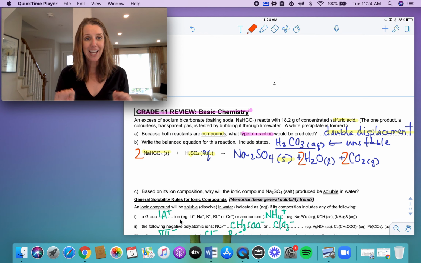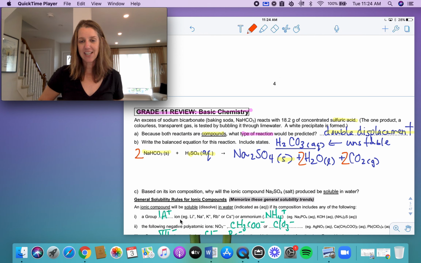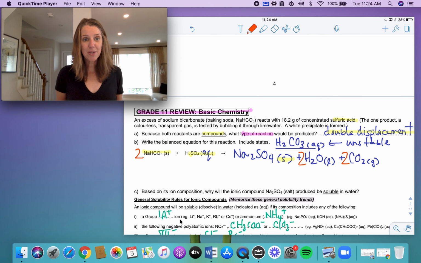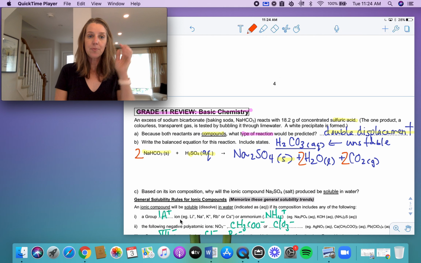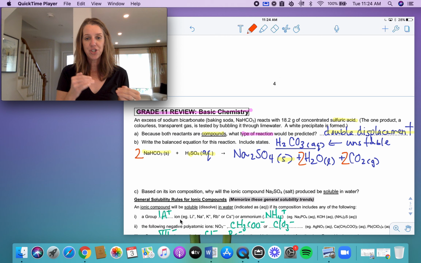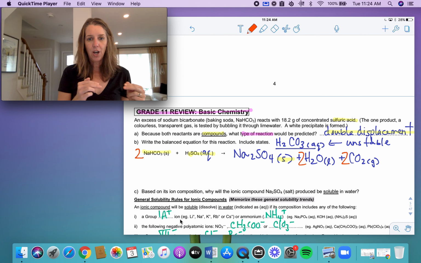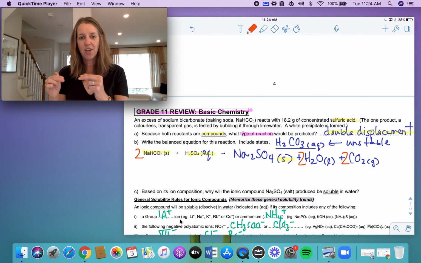That follows my law of conservation of mass, and the law of conservation of mass is probably the most important thing you did learn about in grade 10, because it means that atoms just can't magically appear. The ratio at which these compounds react is what it is written as, because you have to have the same number and type of atom on the reactant side as on the product side.